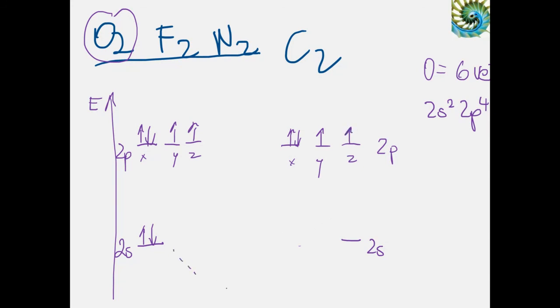This is going to be a slightly flatter drawing. Sigma bonding and sigma anti-bonding orbitals form for the 2s, with 4 electrons there. So basically no gain here.